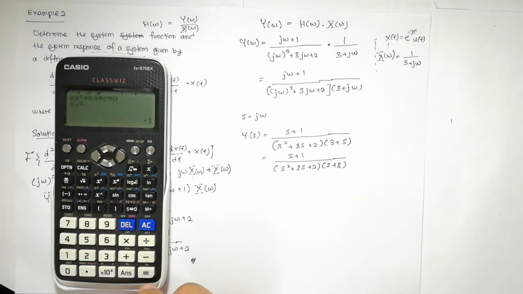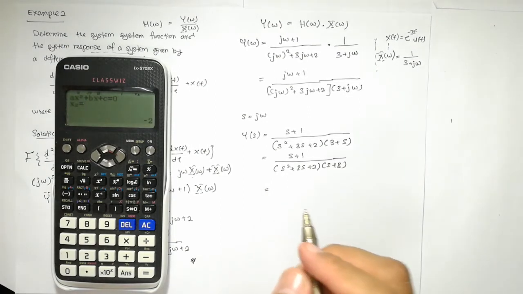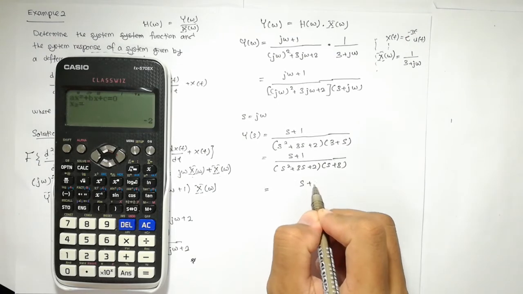The first root will be negative 1, and then the second root will be negative 2.